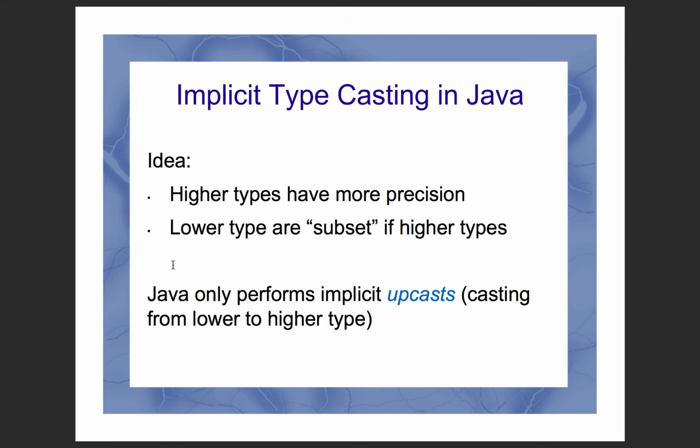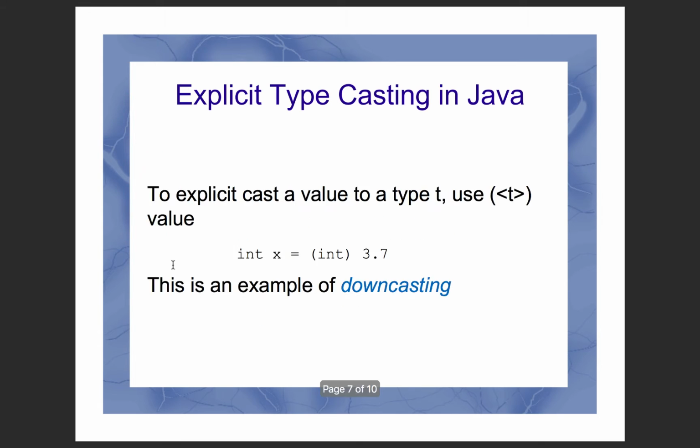So the integer will be converted to float. That means upcast: a lower type, lower size of information, will be converted to a higher type. That is basically called upcast, and it happens automatically. You don't need to write any code for doing implicit conversions. So that is upcast. So what about explicit typecasting in Java?